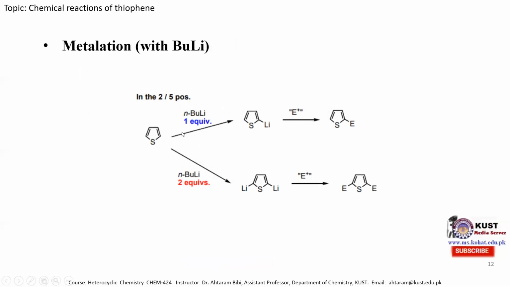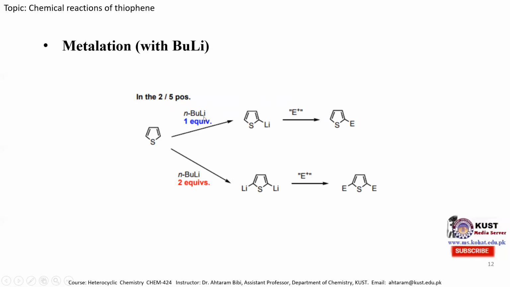When thiophene is treated with one equivalent of n-butyl lithium, one can obtain alpha-substituted lithiated thiophene, and this lithiated thiophene is easily substituted with an electrophile at its alpha position. As I mentioned in the previous slides, nitration and other electrophilic substitution can occur, and any electrophile can be substituted. Any halogens, chlorine, bromine, or iodine can be substituted easily with this lithiated thiophene molecule.